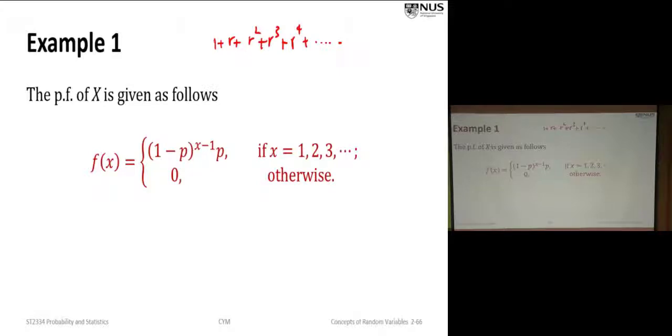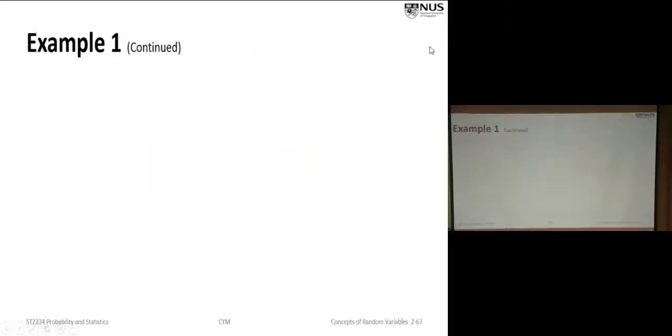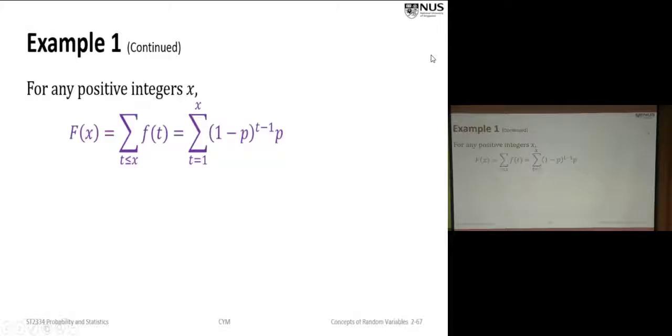We just try to look at it and do something about the CDF. So there are an infinite number of them, and we want to find the CDF. For any positive integer x, I just sum up all the density, all the probability f of t, such that t is less than or equal to x.